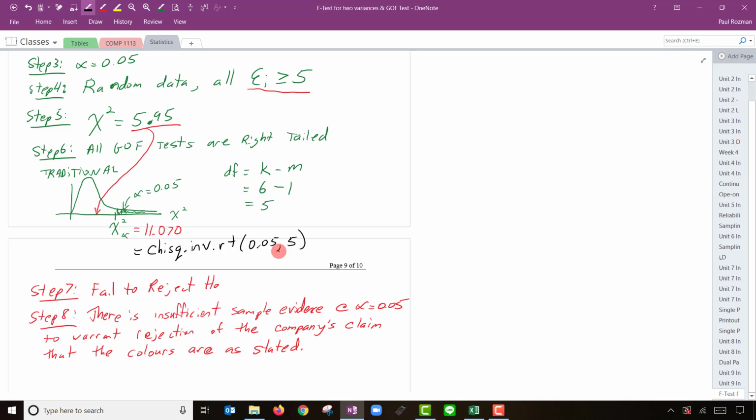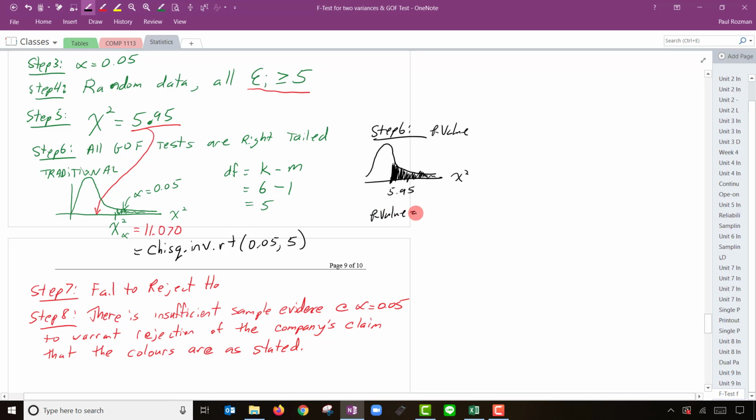If you're a p-value sort of person, we would take our chi-square distribution, we'd place 5.95 roughly in the middle, because 5 is roughly the middle for this one, and we find the area to the right of it. So the p-value, we can't get it exactly from the table. At best we could do is get a range.